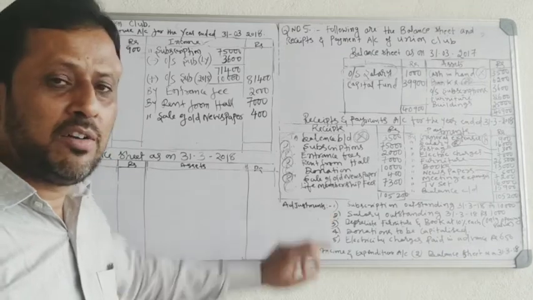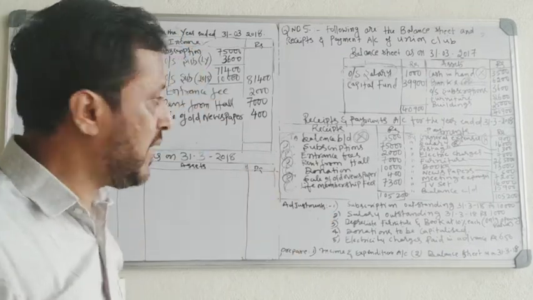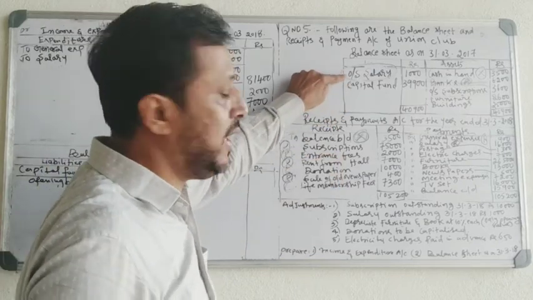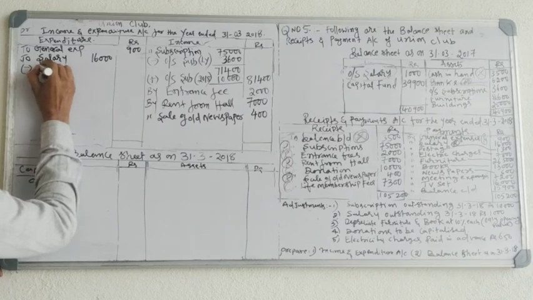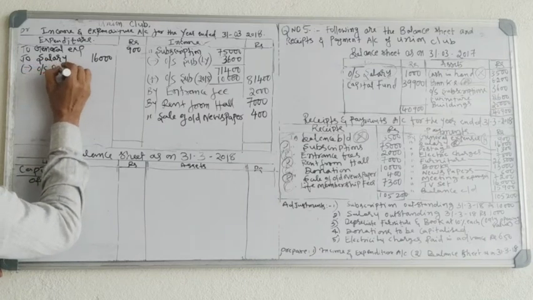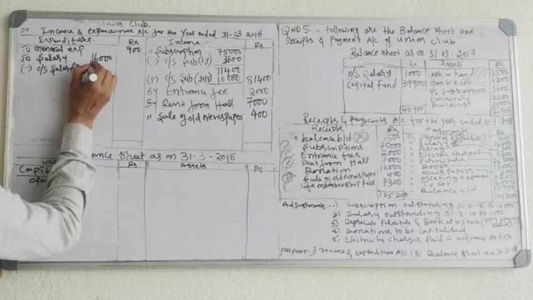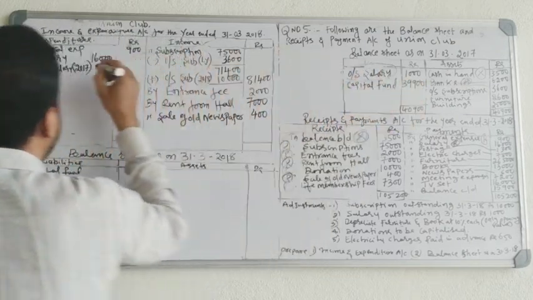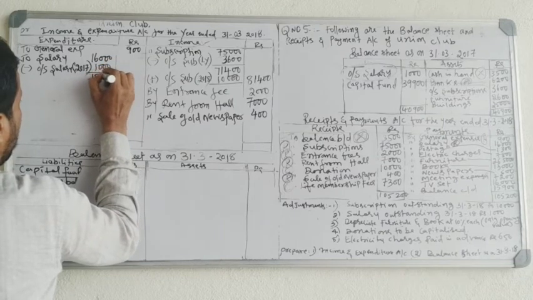Adjustment number 2. How you treated the subscription, in the same way treat the salary. Outstanding salary of last year, minus outstanding salary 2017 last year. How much? 1,000 minus, from 15,000.